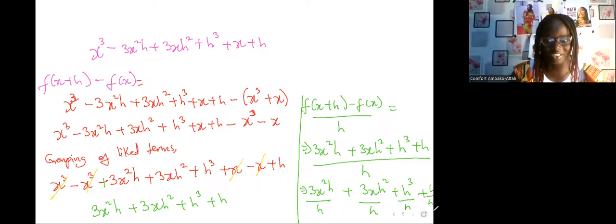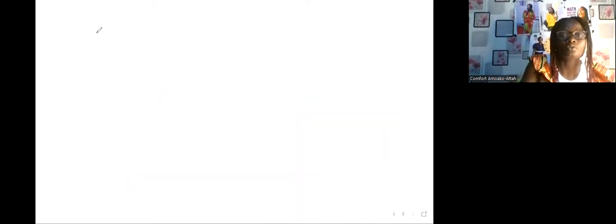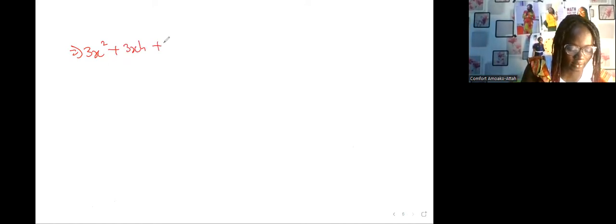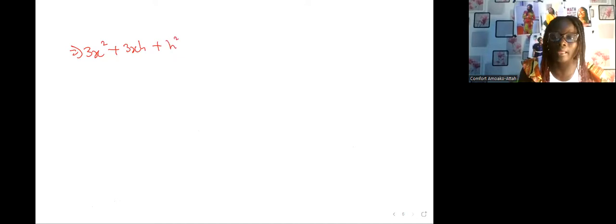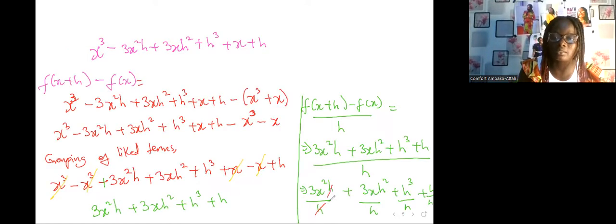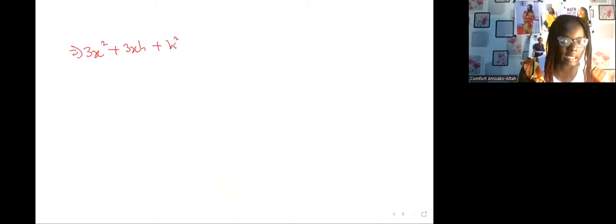Then we now simplify. So now simplifying this, we are going to get 3x squared plus 3xh plus h squared. Why? Because this cancels out, this cancels one of the h, this cancels one of the h, leaving your h squared here, and this h cancels out. Okay. We are going to have something like that.